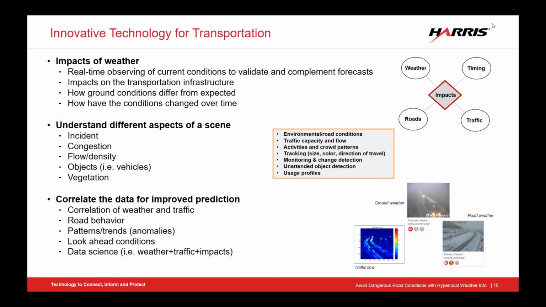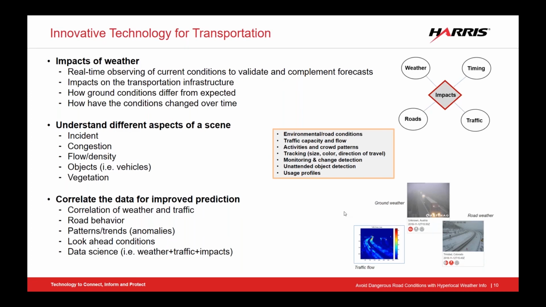So impacts are very important and things that we are trying to deliver to our customers. So it's all about not only traffic, roads, weather, and the timing, but that all sort of dictates the impact. The other aspect that we're looking at is we're trying to understand different phenomenology in the scene.